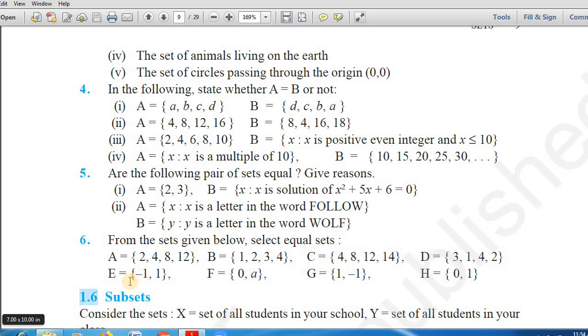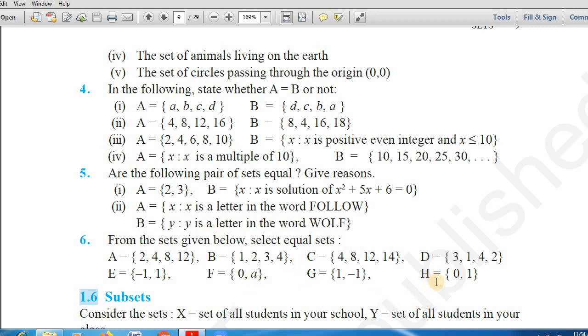E consists of minus 1 and 1. Again, minus 1 and 1 are contained in set G. So obviously E and G are equal. F contains 0 and A, and no other set here contains 0 and A. So F is not equal to any other set.